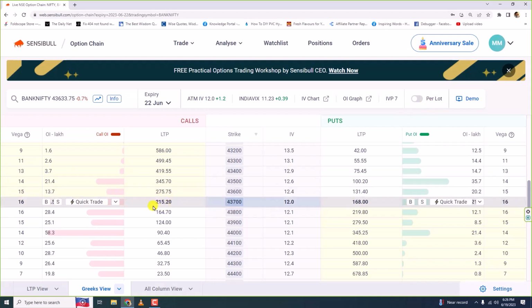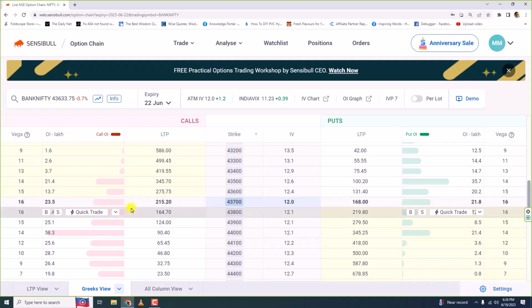So you can see the LTP, last traded price or premium, for this strike price. And you can see Vega is 16 for the IV value of 12. Now what this means is, if this IV changes by 1%, meaning if it goes from 12.0 to 13.0, then the LTP will increase by 16 rupees.